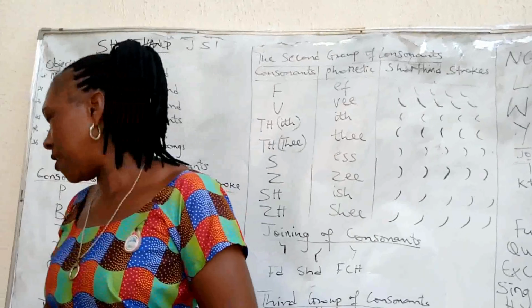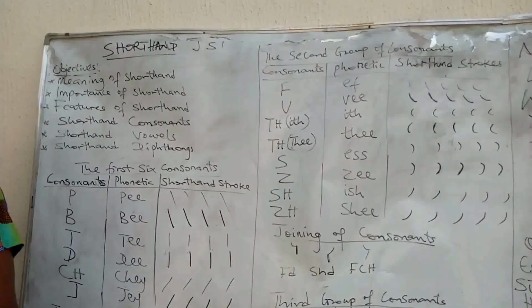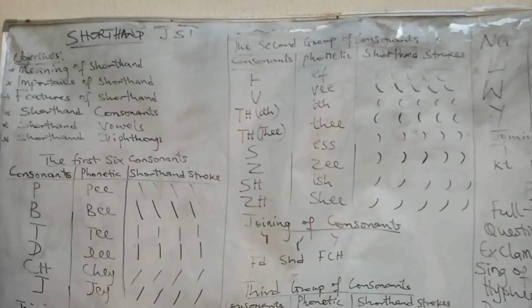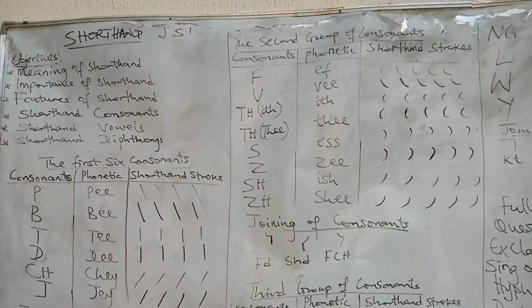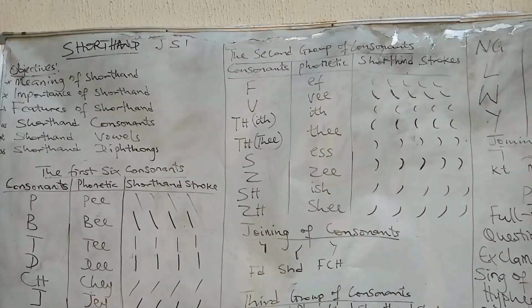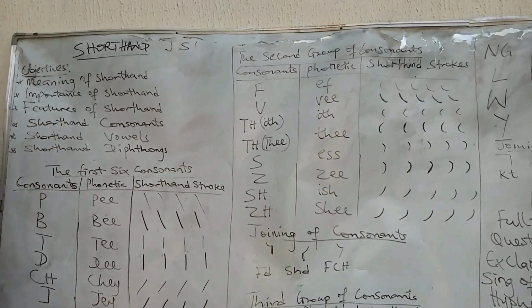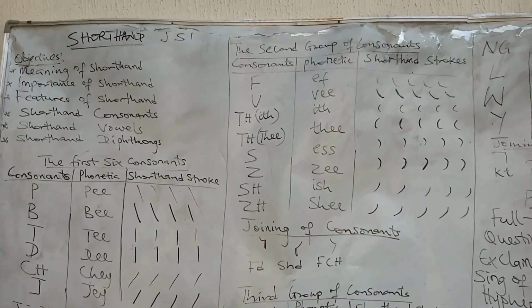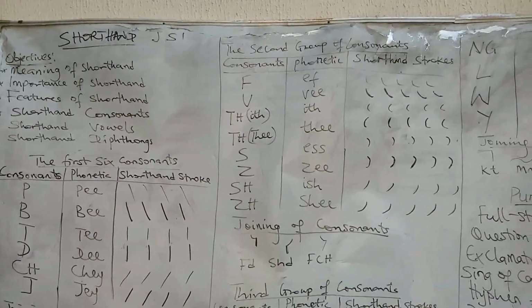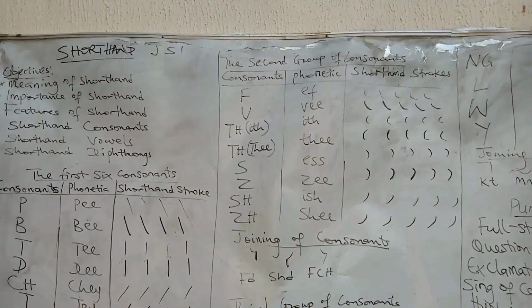What is shorthand? Shorthand is the art of representing spoken sound by signs and characters. There are three types of shorthand: Greek shorthand, strong shorthand, and Pitman shorthand. The one obtainable in Nigeria is Pitman shorthand.